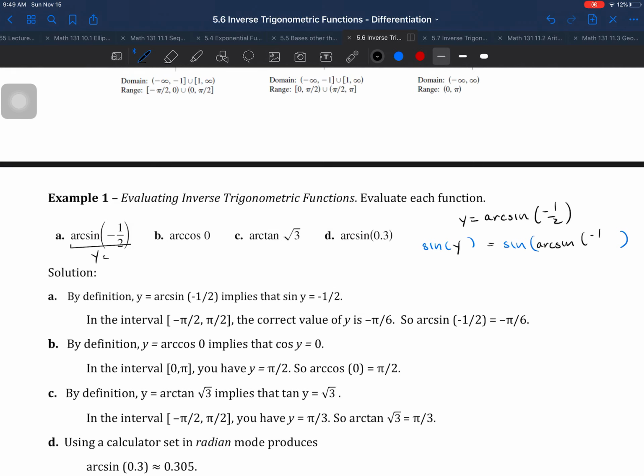You can always do this as long as you're doing it on both sides, and as long as you're not getting an undefined result. Why we're doing this is because these two will undo each other, leaving you back with negative 1/2.